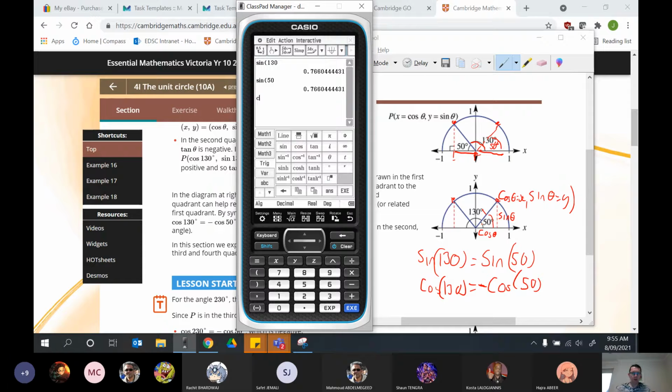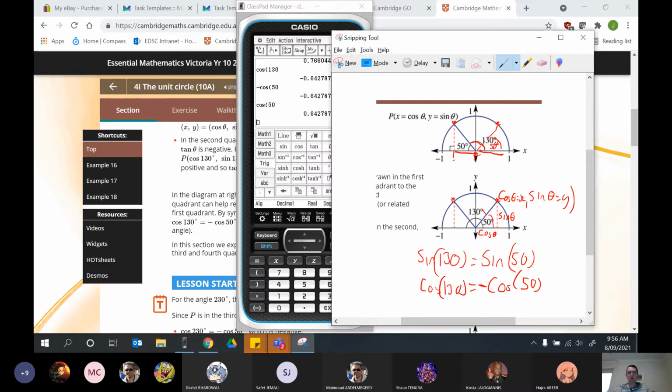However, I know that cos 130 degrees would be negative, the same thing as negative cos 50. The same value, because cos 50 itself would be the positive value of that. So putting a negative in the front makes that a negative value.